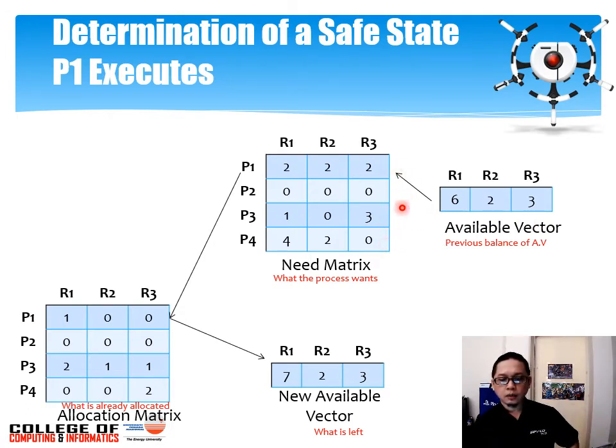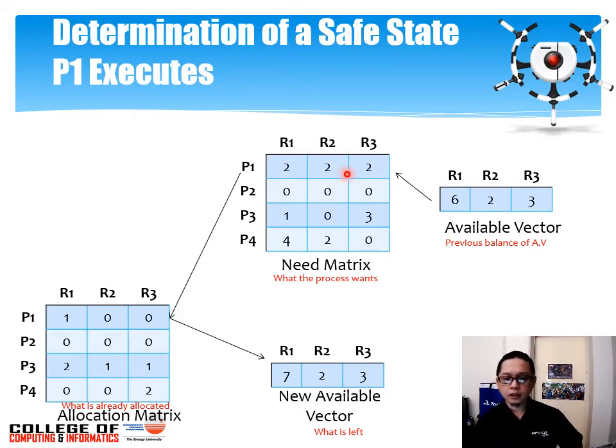Whichever process you choose, don't worry, you will get the same result, because right now you have a sufficient amount of resources for either P1, P3, or P4. You already have 6 units of R1, 2 units of R2, 3 units of R3. So you can give it to P1, P3, or P4. But for the sake of the example, I will choose P1.